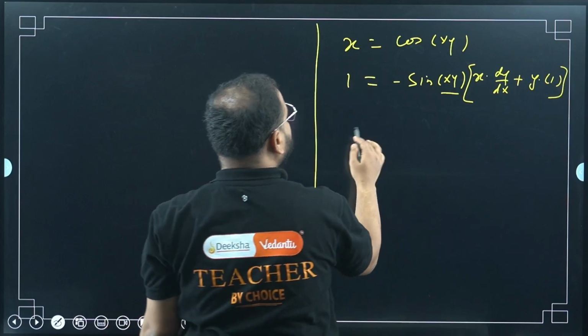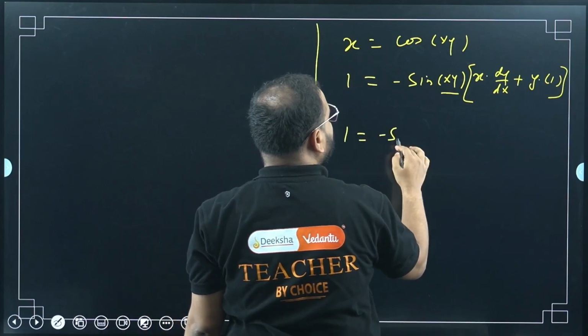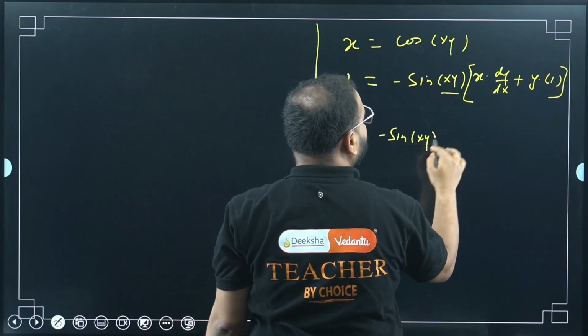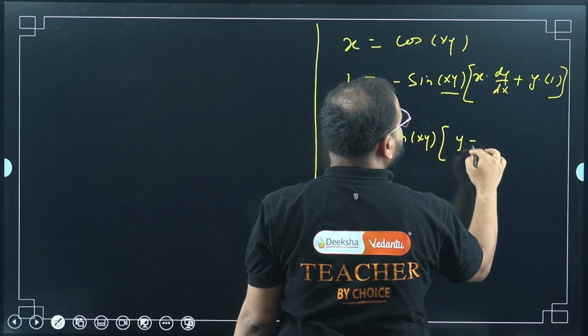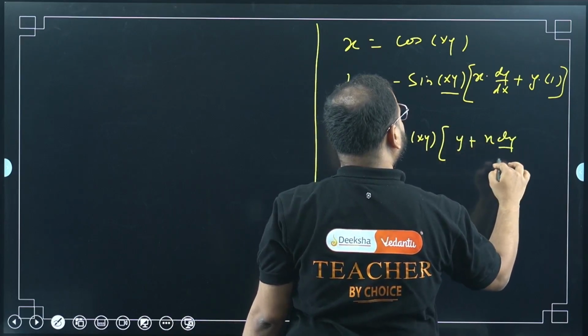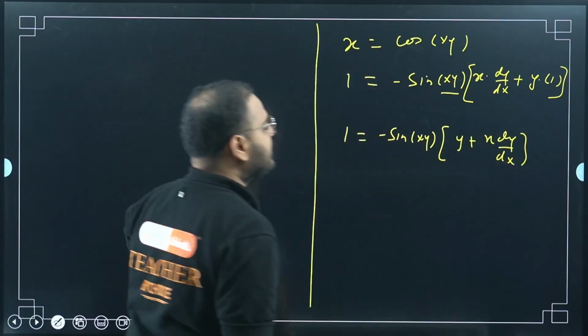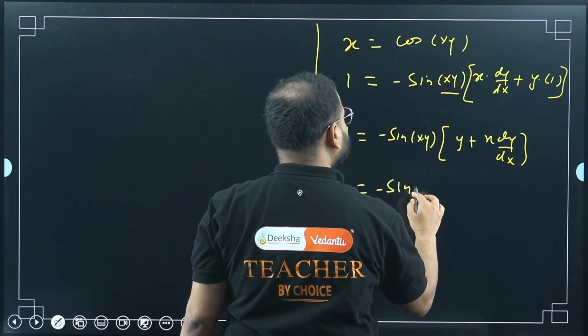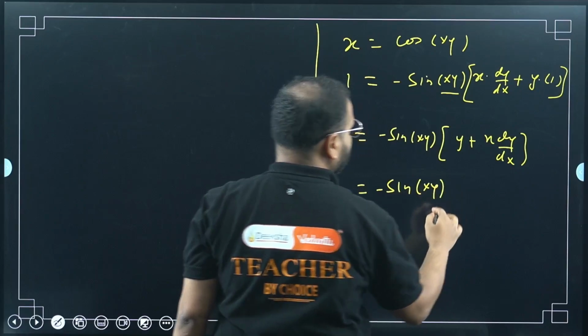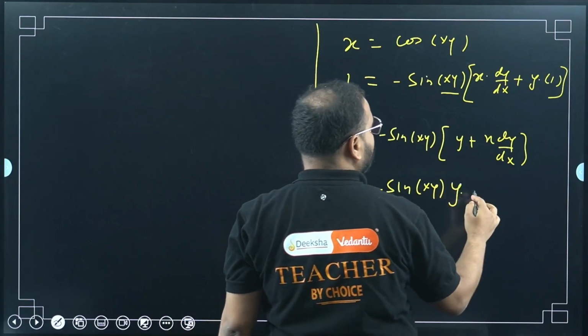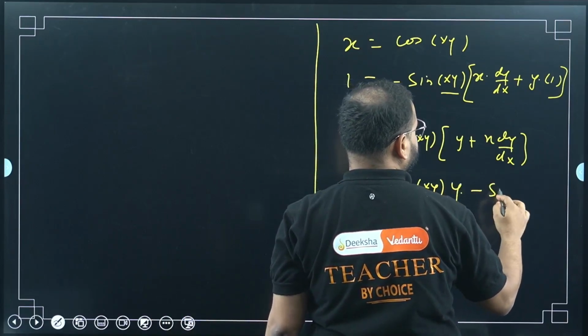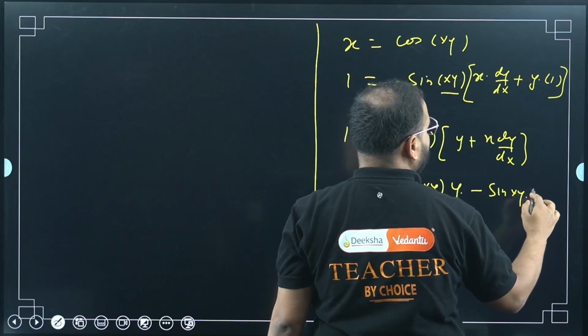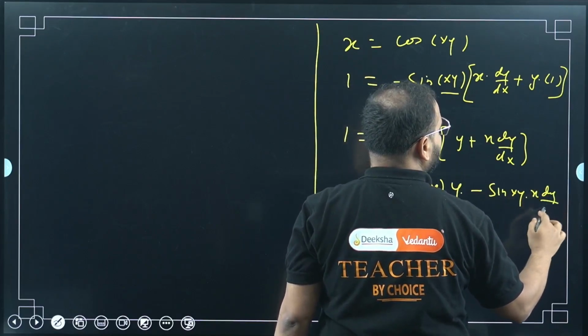Now please simplify this. 1 equals minus sin xy times (y plus x dy/dx). Open the bracket over here. I get minus sin xy times y plus minus sin xy times x dy/dx.